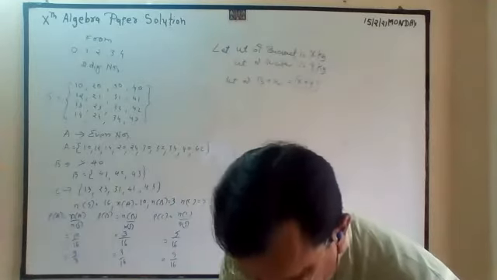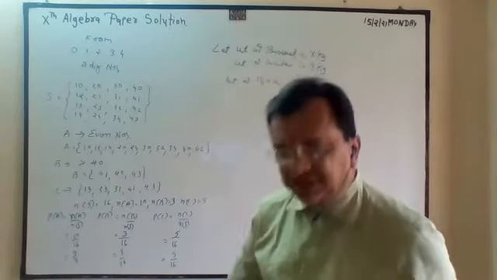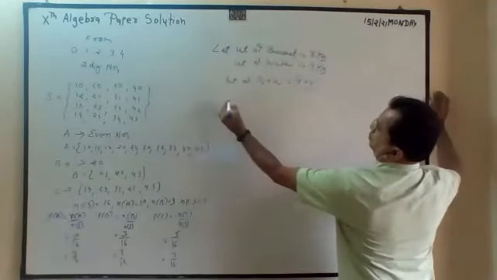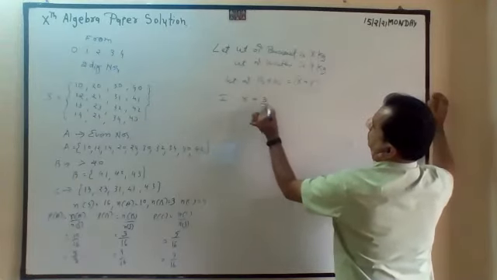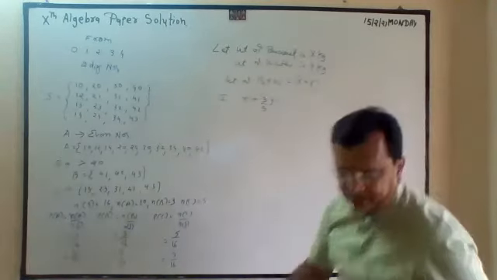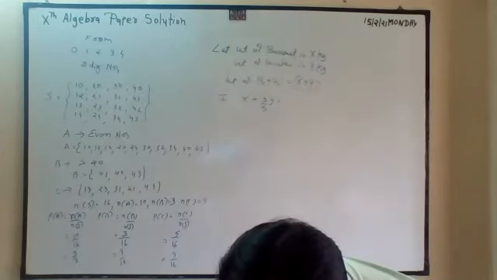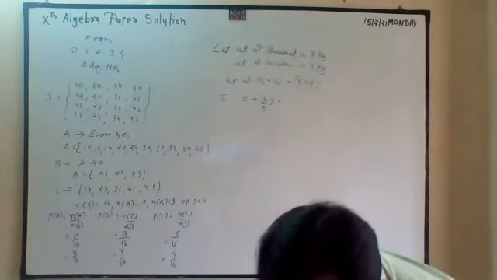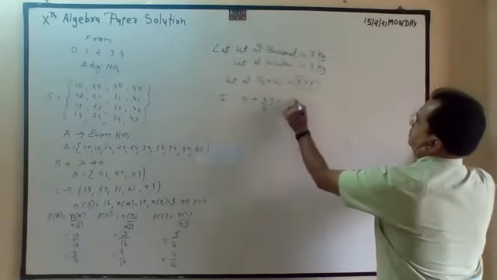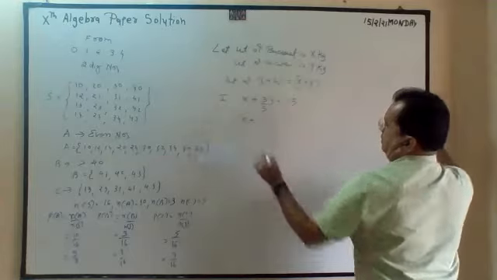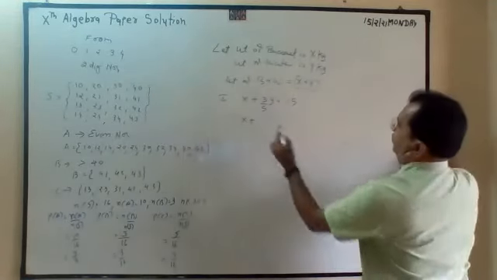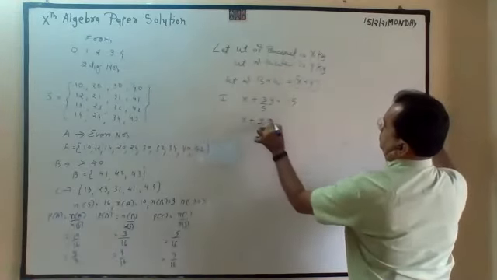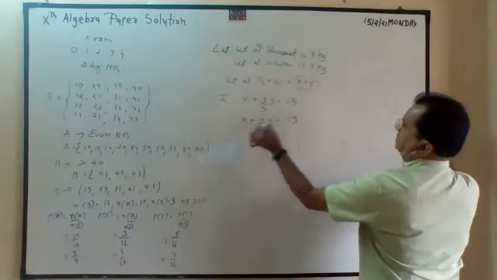But if it is filled with 3/5, then x plus 3y/5 is 15 kg. But if it is filled with 4/5, at that time it is 19 kg.